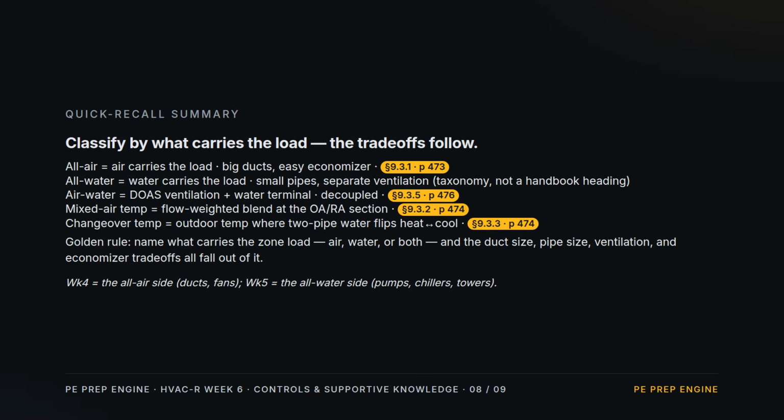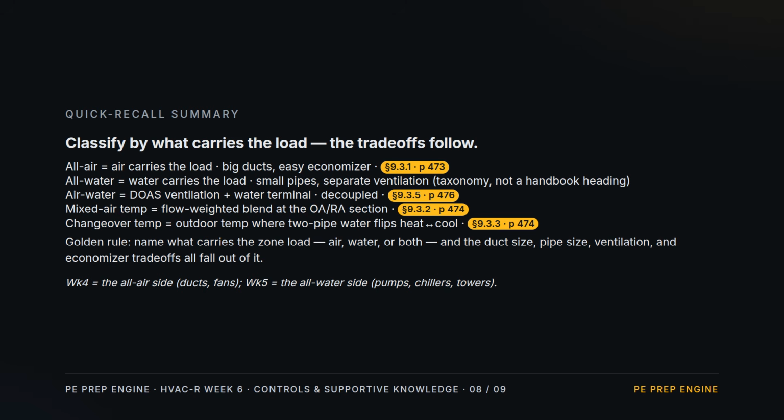Quick recall. All air carries the load in air, with big ducts and an easy economizer. All water carries it in water, with small pipes but a separate ventilation path. Air-water uses a DOAS for ventilation, plus a water terminal for the load, decoupled. The mixed air temperature is the flow-weighted blend at the outdoor and return air section.